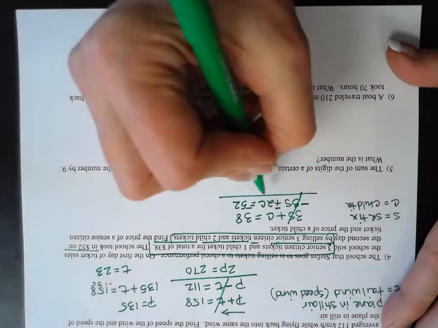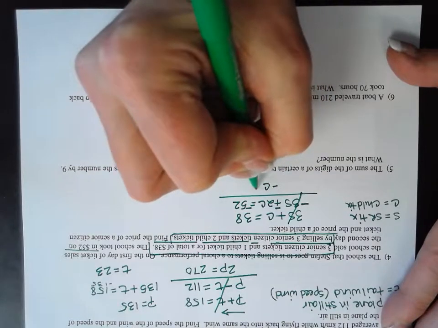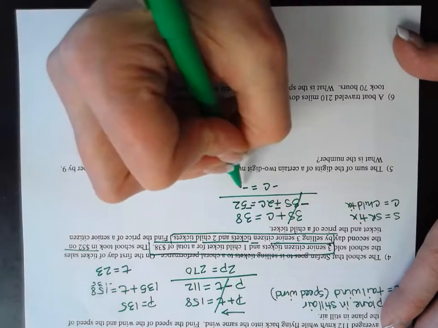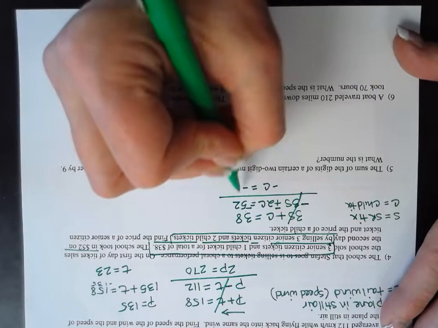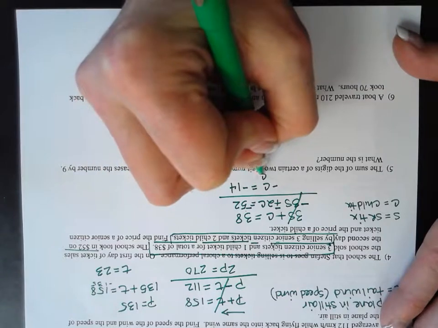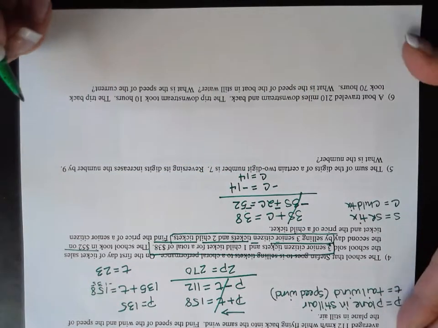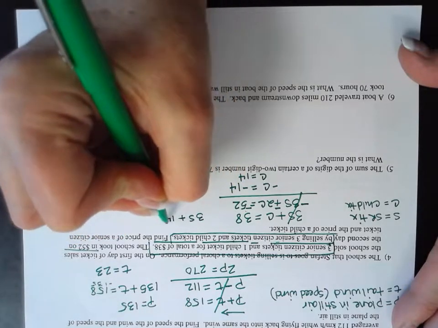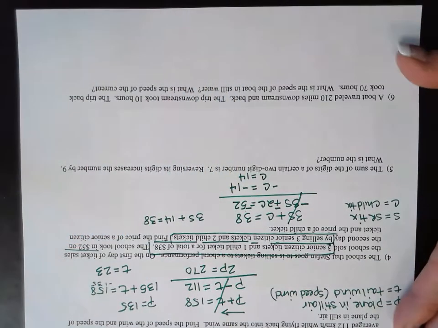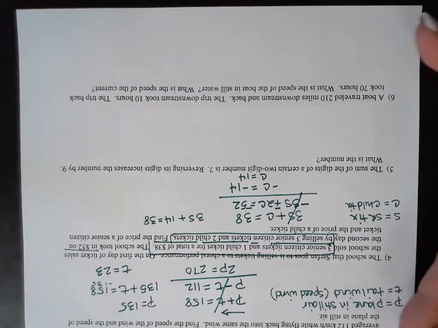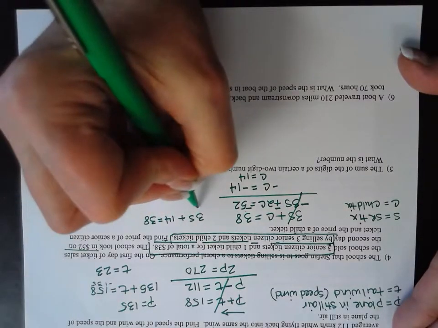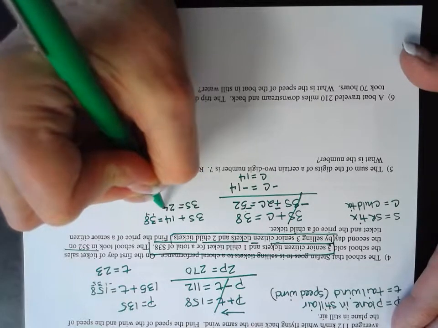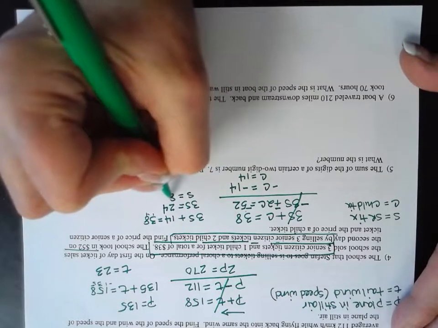Then my S's cancel, and I get a negative C is equal to negative, is that 14? So a kid's ticket is 14. And then if I put that back into the equation, I find that the senior citizens are 8.